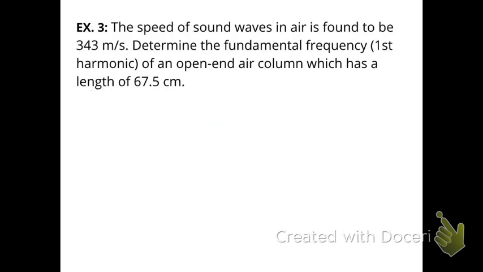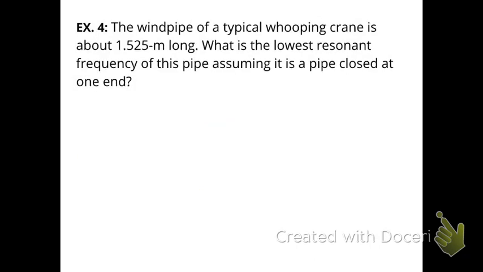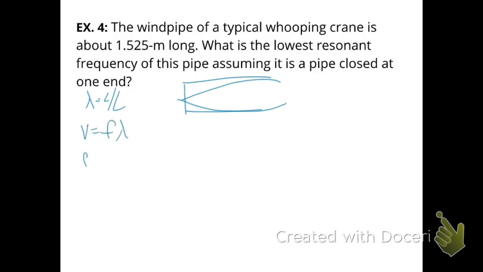All right, next problem. We've got a closed pipe in this scenario, so for the first fundamental frequency, it's going to do this. In this case, our wavelength will be equal to 4L, because it's only a quarter of a wave there. So velocity is equal to frequency times wavelength. Frequency is equal to velocity over wavelength.